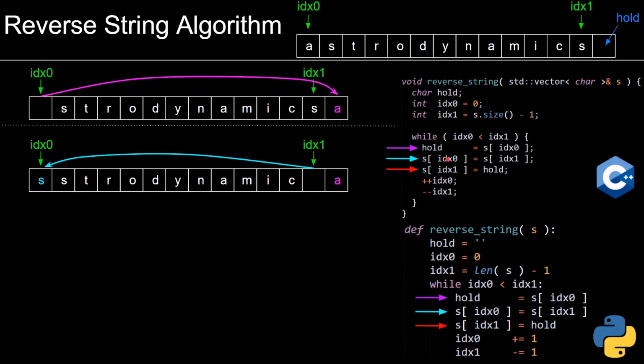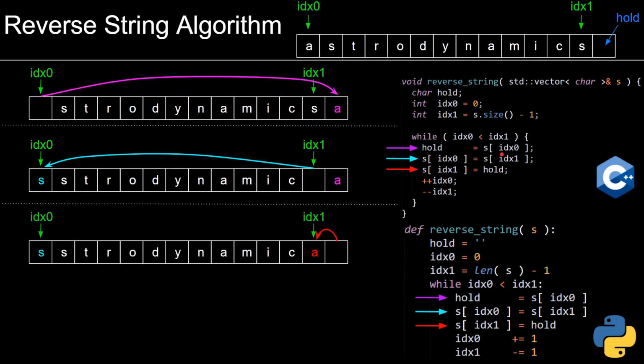And this is why we needed to store the IDX0 value somewhere else, since this step overrides the IDX0 place in memory. We then move what is currently stored in the hold variable into the IDX1 place, and that completes the switching of the first and last characters of the string.